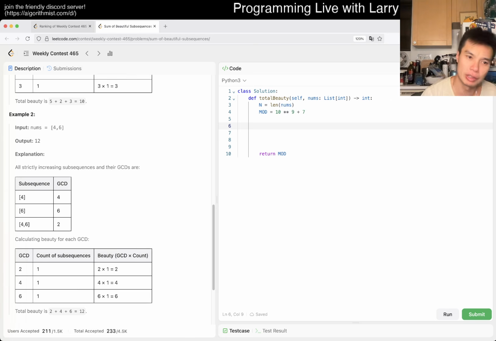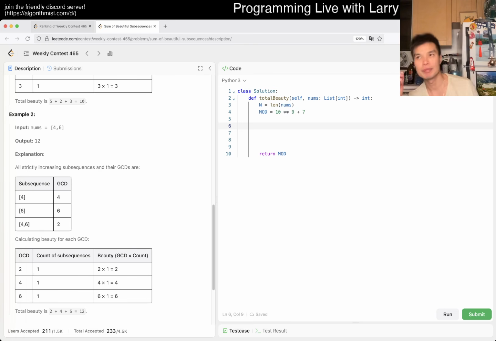How do I deal with the increasing part? We could pre-process them in order. No, does that even make sense? So the biggest number is by itself, and then as it goes to the left, it can only go smaller.